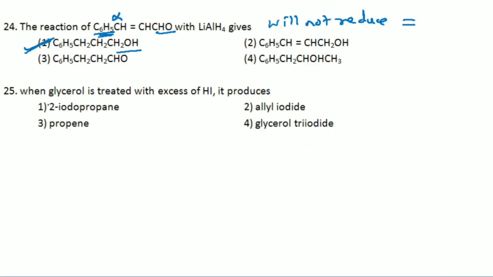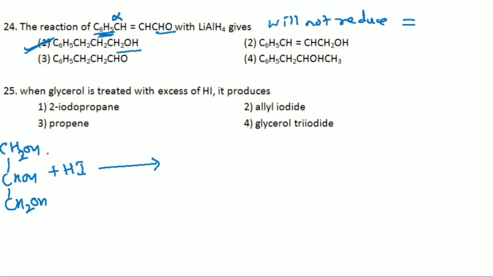Then 25. When glycerol is treated with excess of HI, it produces. Very important, very simple. Glycerol formula we will write first. So CH2OH, CHOH, CH2OH. This is glycerol. This when it reacts with HI, excess of HI they are telling.